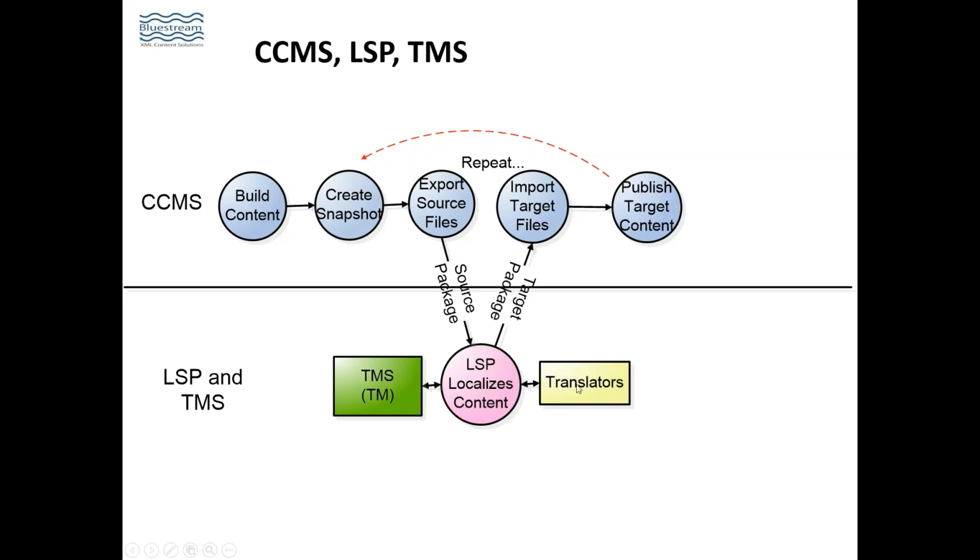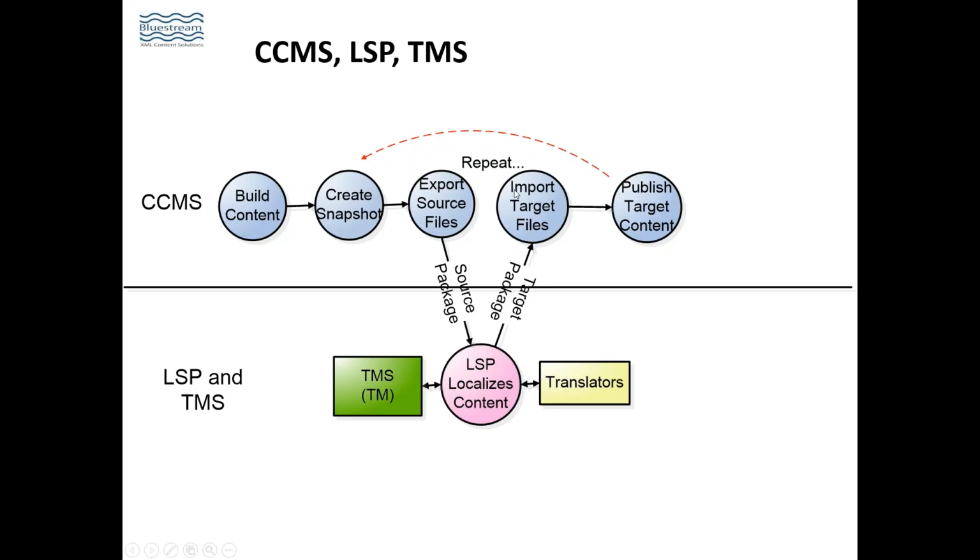The translators will typically use a translation workbench of some sort, which draws upon past translations where appropriate. And then a target package will be sent back, meaning the target language. So you send over English and you get back German.